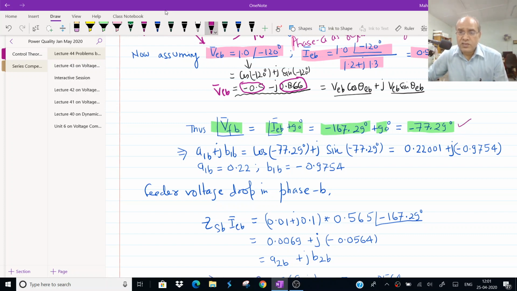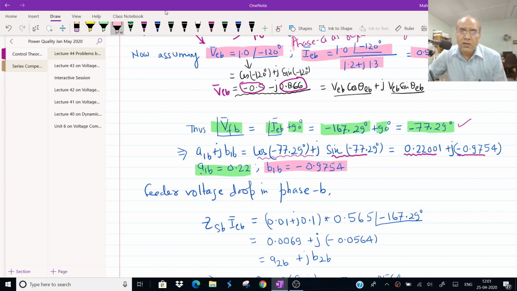Now this has two parts, the cosine part and the imaginary part. So we have a cosine here, we have a sine here. This becomes the cosine part, and this becomes the sine part, and this implies that A1 is 0.22 and B1 is minus 0.97.